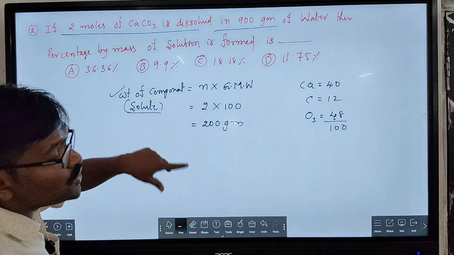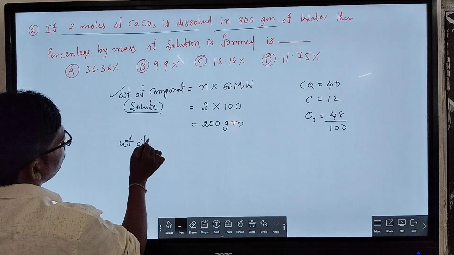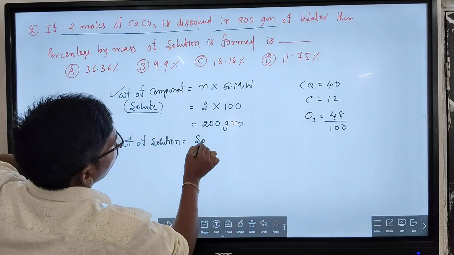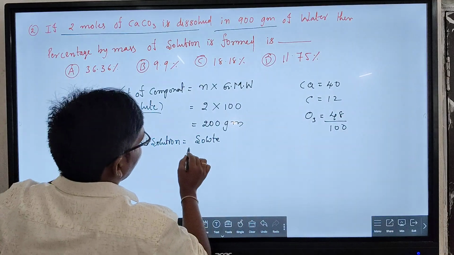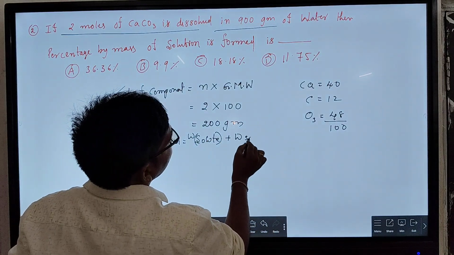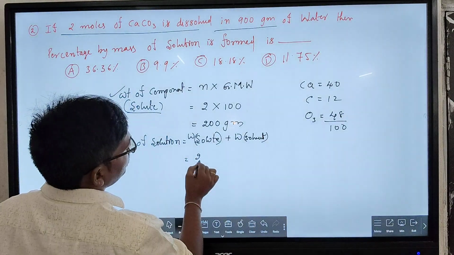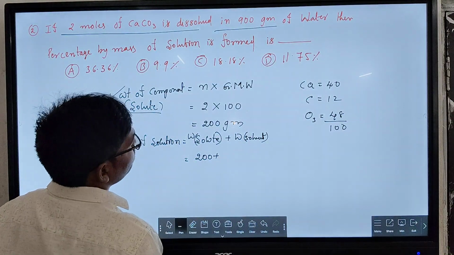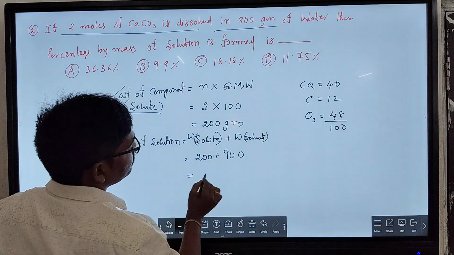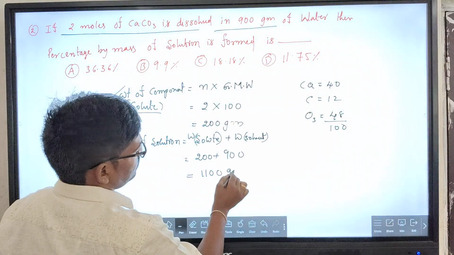Then weight of solution if you want to find out. Sir, weight of solution is equals to weight of solute plus weight of solvent you have to take. Sir, weight of solute what is there? 200 grams. Weight of solvent what is there? 900 grams. Then total how much you can get? 1100 grams you can get.